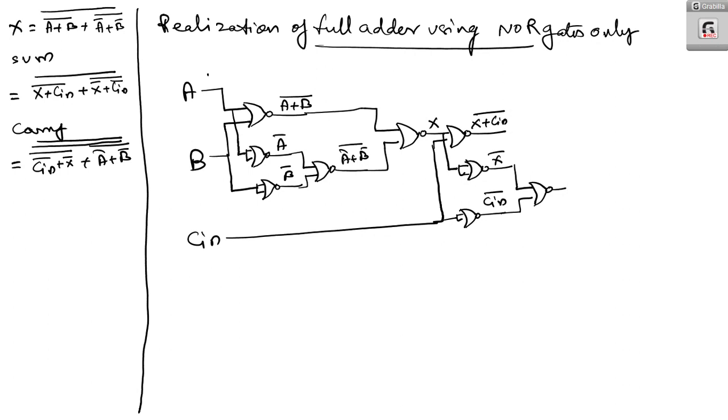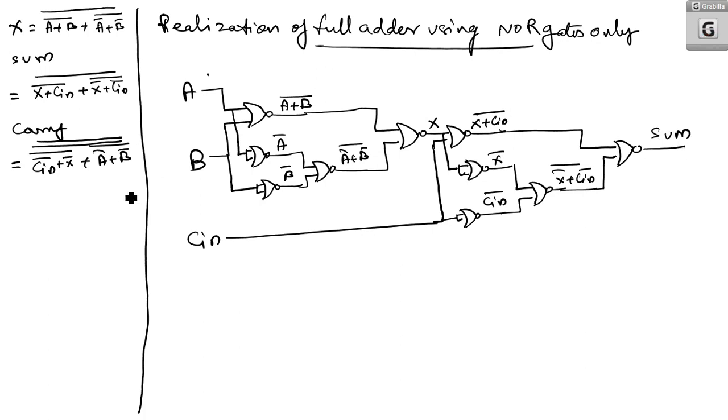Now you note that too. Again NOR. Here you will get H bar or Cin bar the whole bar. Now you NOR those two terms, and you will get sum.